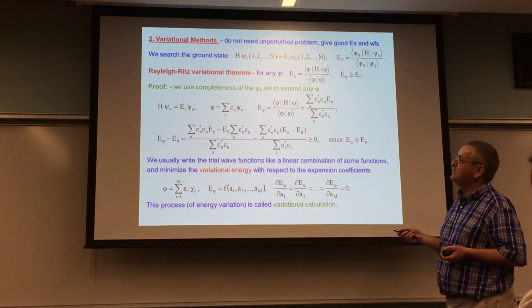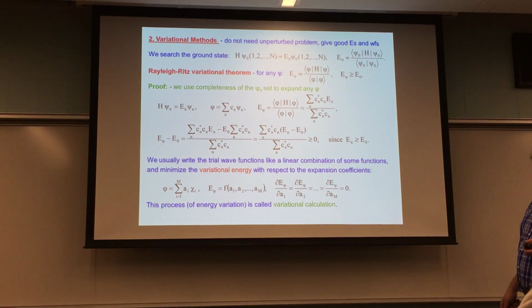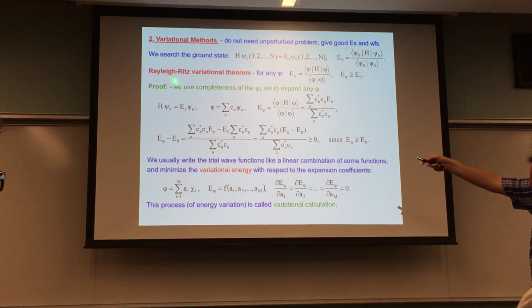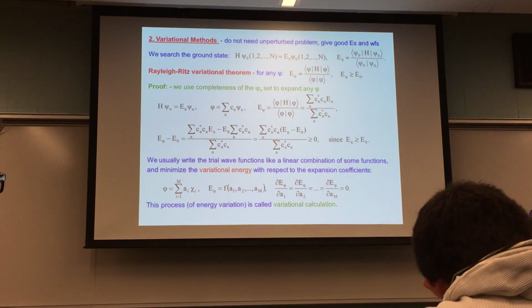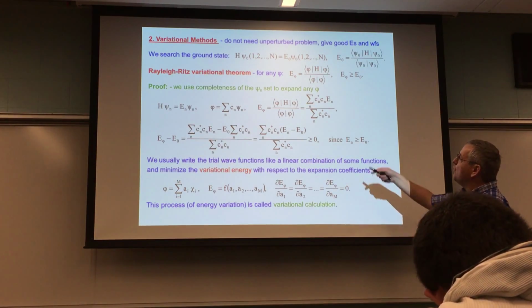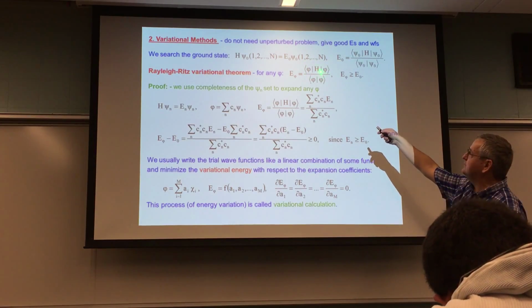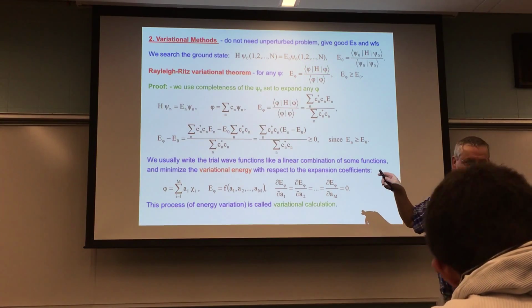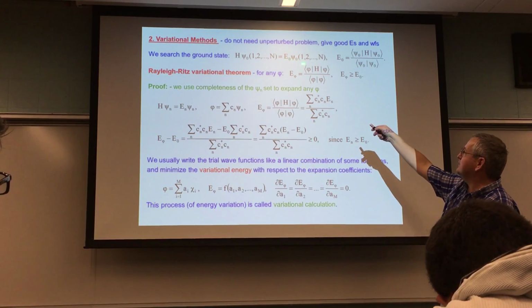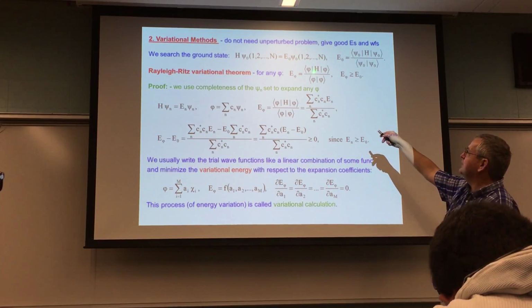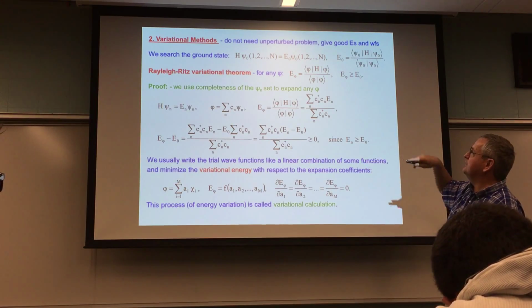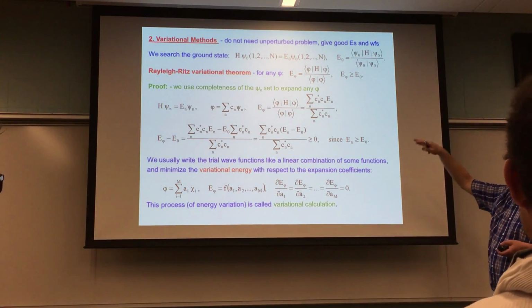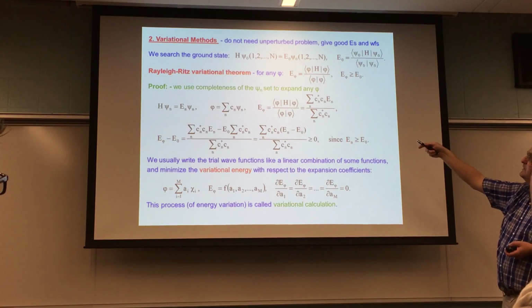And we have a way to optimize it because there is this variational theorem which says that the better the wave function is, the lower the energy calculated with it is. So if I take some wave function, whichever I take, and calculate the energy in this way, then the energy will be the lower, the better the wave function is.